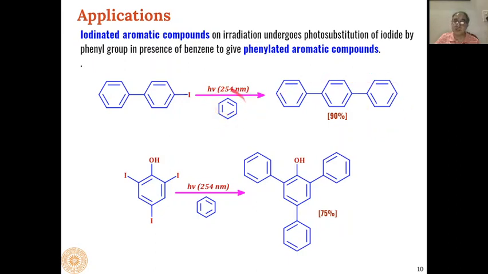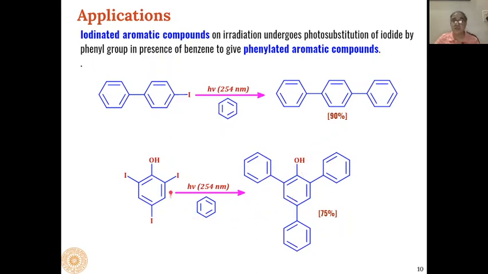So this phenyl group will be substituted at this position, H radical from here and I radical from here. HI will be eliminated, and we will get phenylated aromatic compounds in 90% yield.